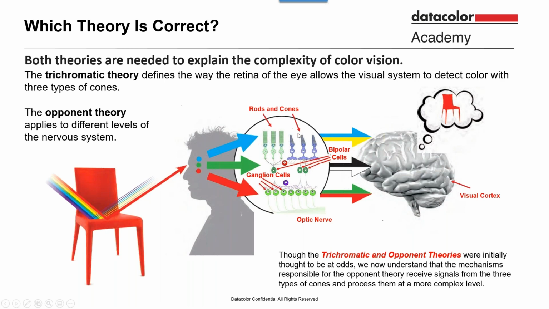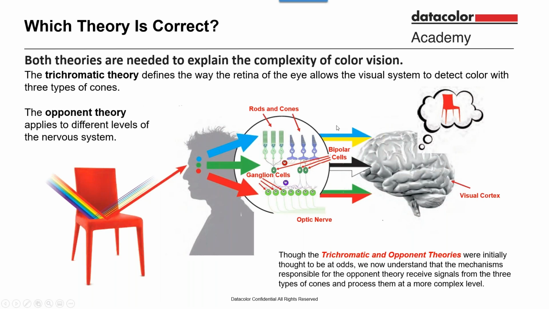So in this picture here, you can see that we have our rods and cones, and then after the cones, we go to what are called the bipolar cells and then these ganglion cells. This is the area where we think this opponent theory comes into play. This is where the red, green, yellow, blue.